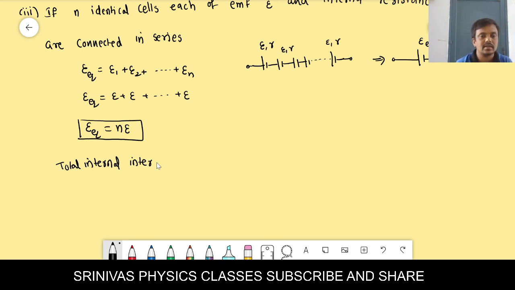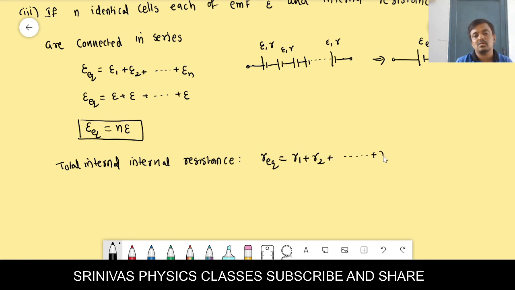If they are connected in series, then what is the total EMF, total voltage? That is a simple question. You should answer immediately.